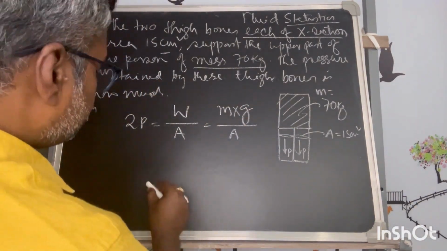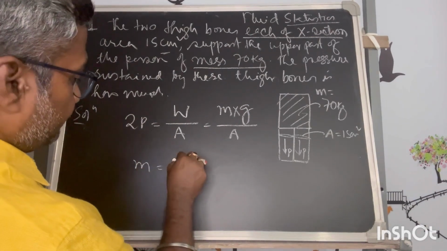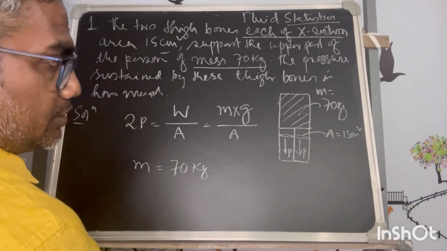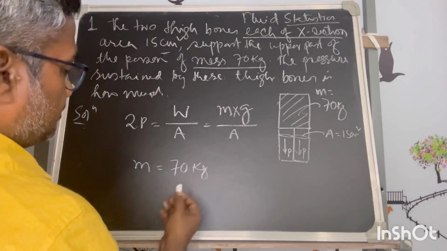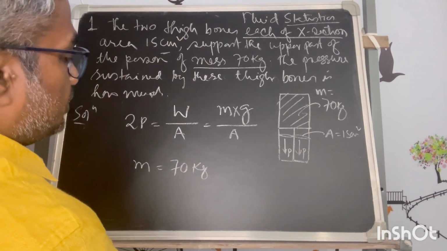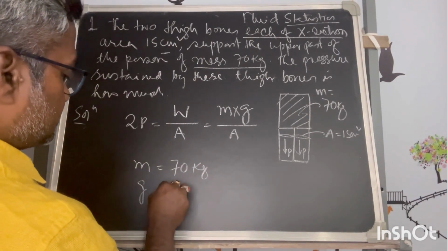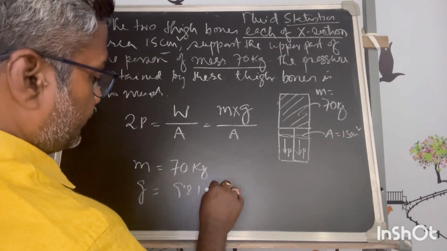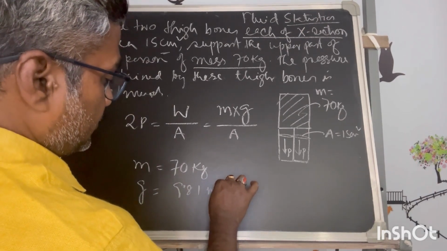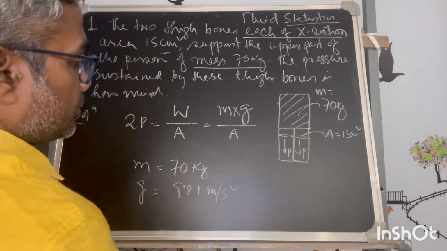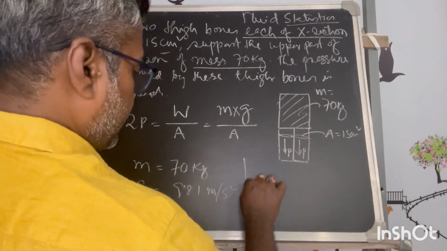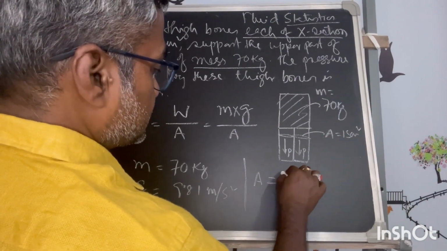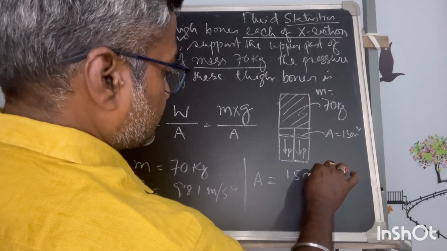Now mass is given as 70 kg, that means it is in the MKS or SI unit. And G is 9.81 meter per second square. Now area is given in centimeter square, 15 centimeter square.